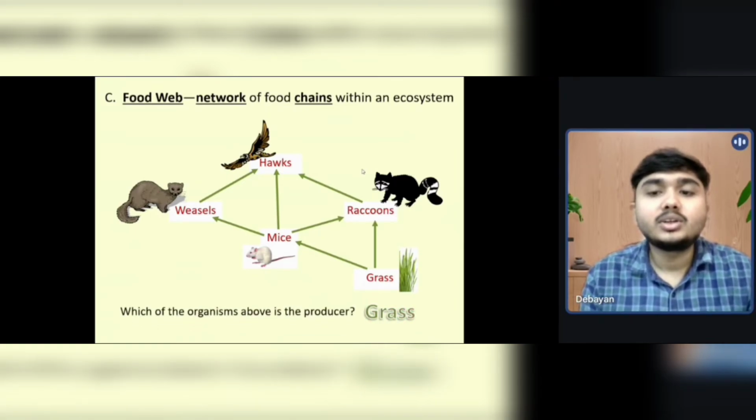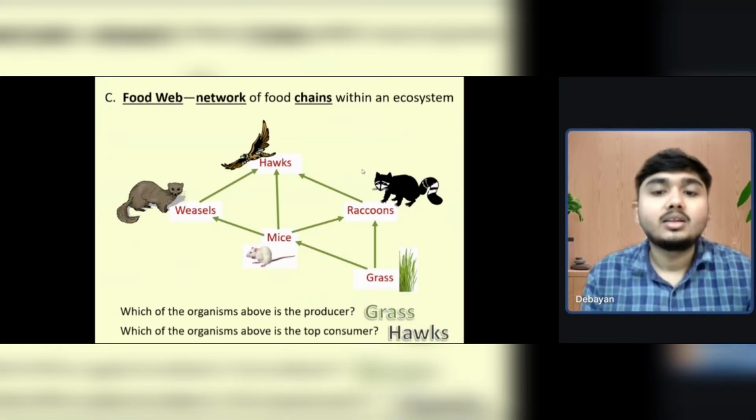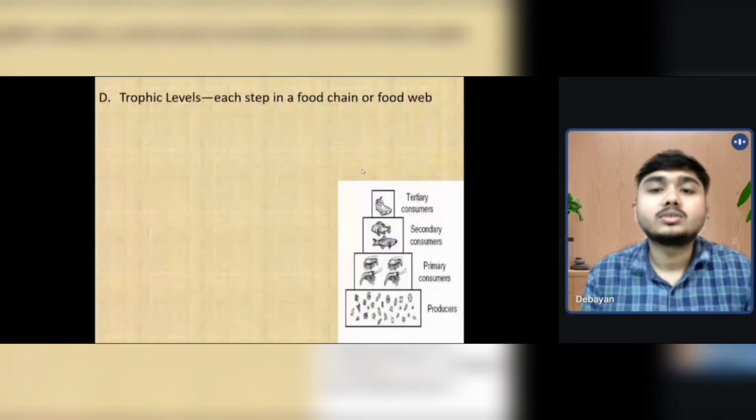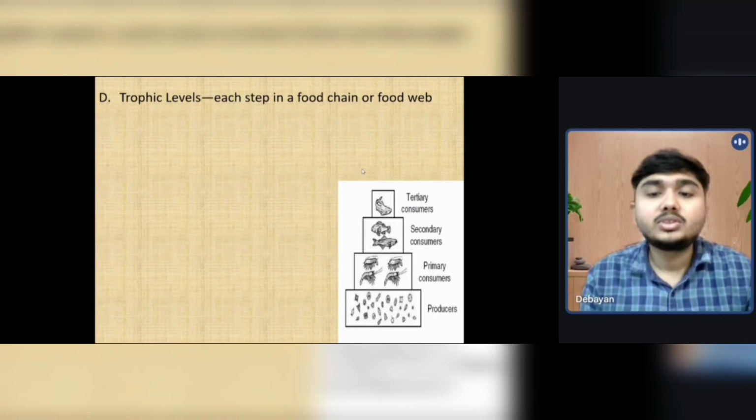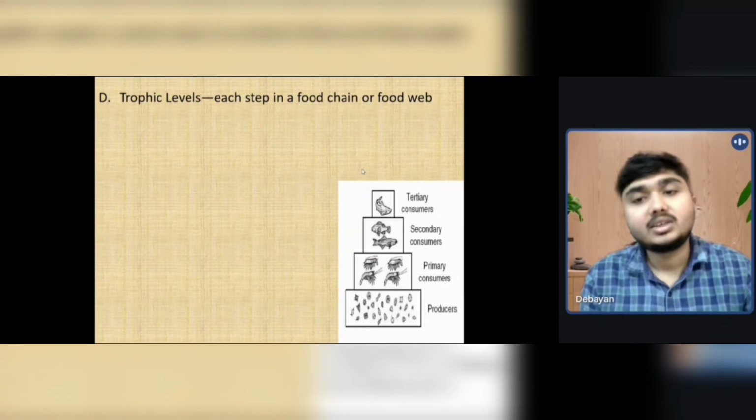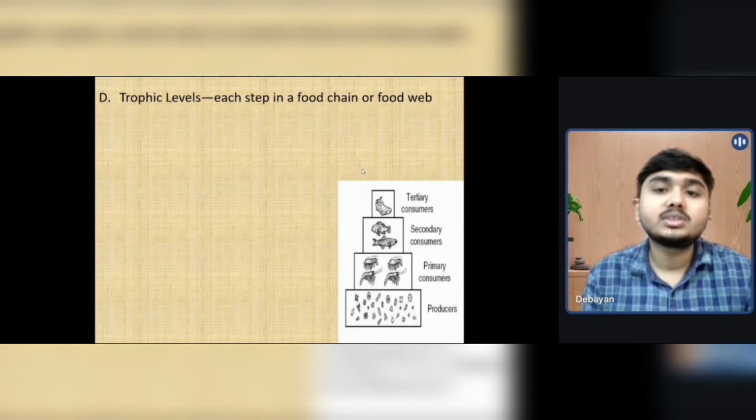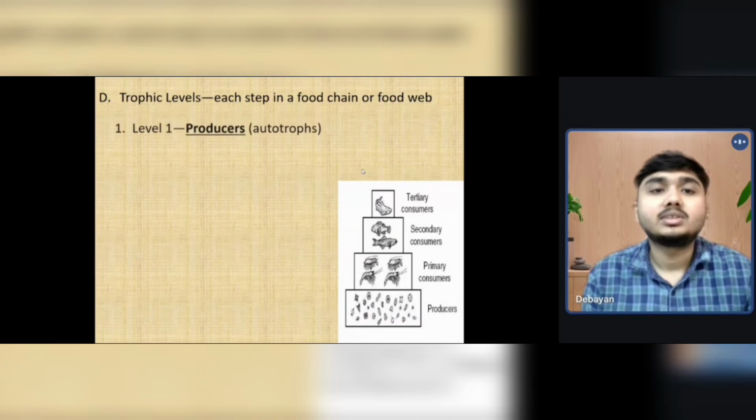Here is a question, student. You can see what is the producer. The answer will be grass. And who are the consumers? They are called fox. Here is a trophic level. That means producers are eaten by primary consumers, primary consumers are eaten by secondary consumers, and secondary consumers are eaten by fishes.